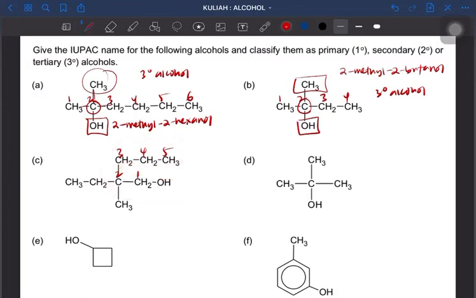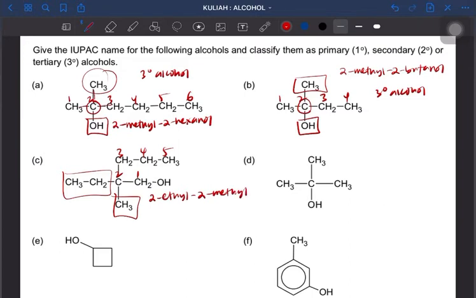On carbon number 1 we have the OH. So this is 5 carbons, so pentanol, 1-pentanol. And on carbon number 2 we have a methyl and also an ethyl. Ethyl first, then methyl, so 2-ethyl, 2-methyl.